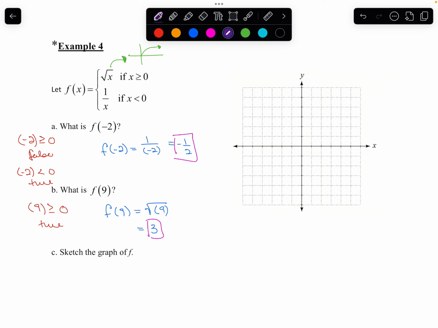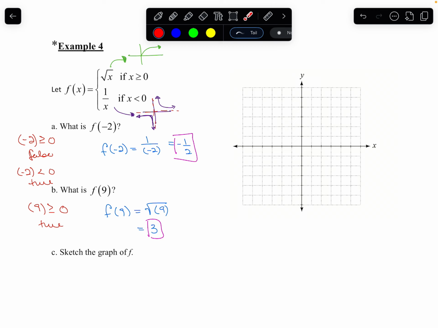Now the shape for the reciprocal function. Remember, we have basically these two asymptotes here and here, and then the graph goes like that. There we go. Okay, so those are our basic shapes, defined on their full domains.